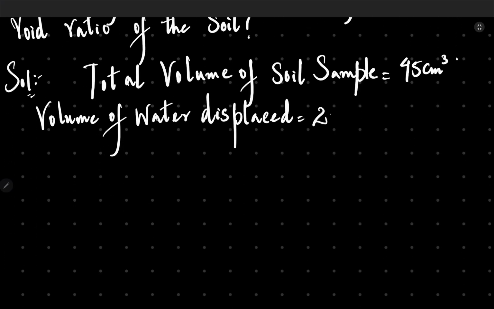So this is 25 centimeter cube. Since the sample is poured into a graduated cylinder, the volume of soil solids is equal to the displaced water volume.